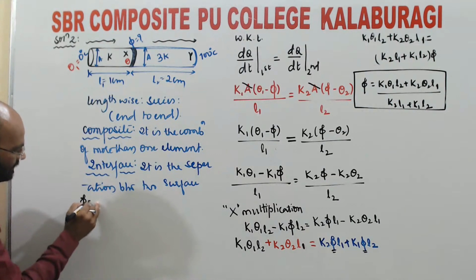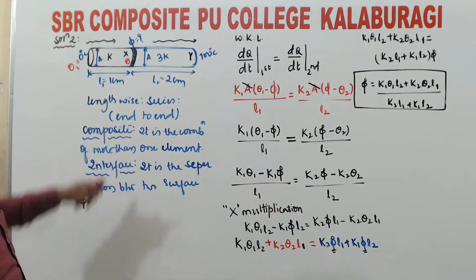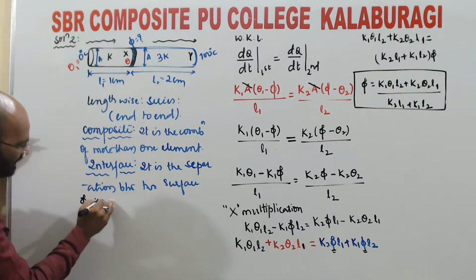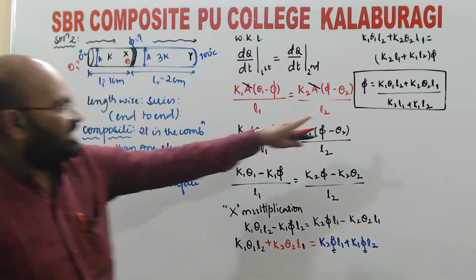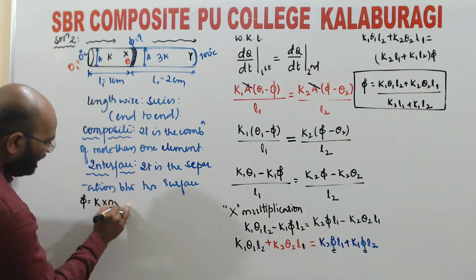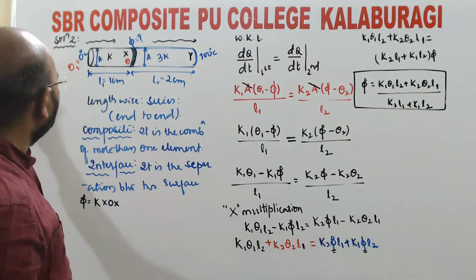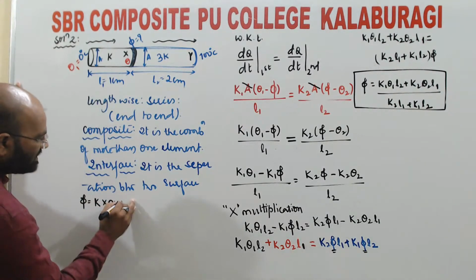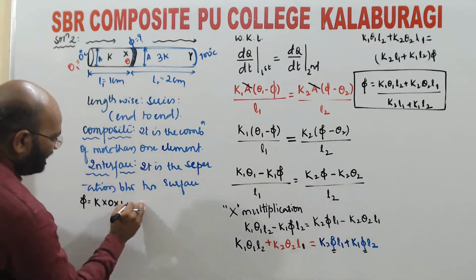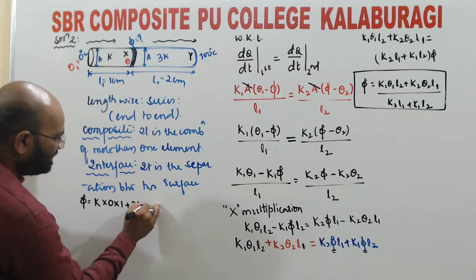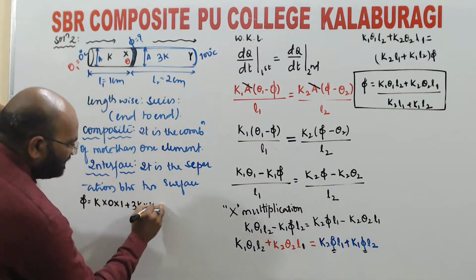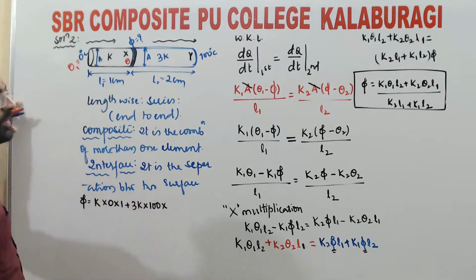So phi equals K1. How much is K1? K1 is K, into the theta 1 temperature, which is 0, into L2, 1 centimeter, plus K2, which is 3K, into theta 2, which is 100, into L1.